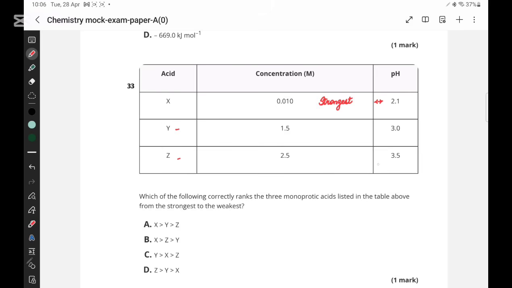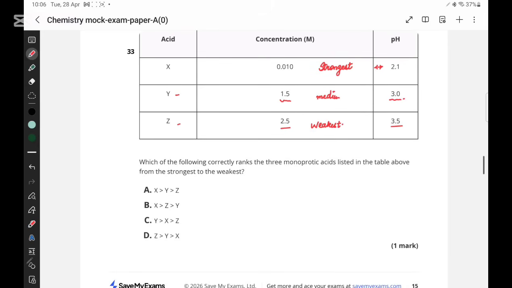Then the one where the pH is the highest and concentration is also the highest is considered to be the weakest one. And the medium one is where the pH is 3.0 and the concentration is 1.5. Concentration is low as well. So this is the way we can say X is the strongest, and then we have Y, and then we have Z. So this is going to be A.